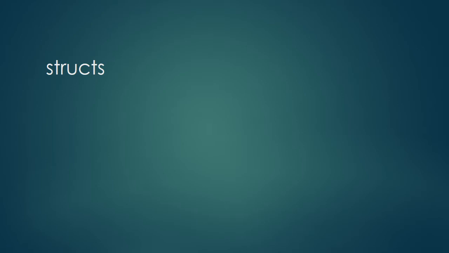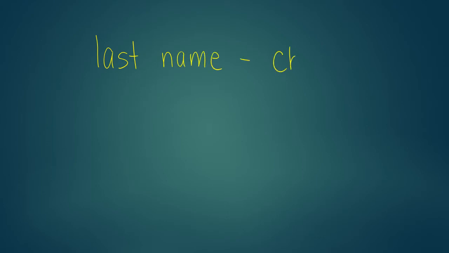So let's start, for example, by talking about a student. If I wanted to define a student, like a student in my class, there's a bunch of different information about each student. For example, a student could have a last name, and to store the last name I would probably use a character array.